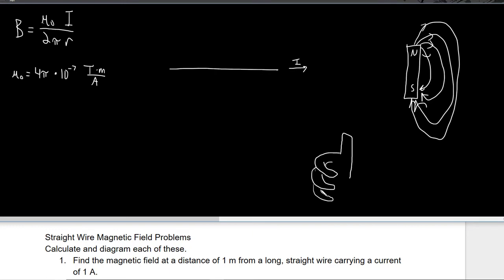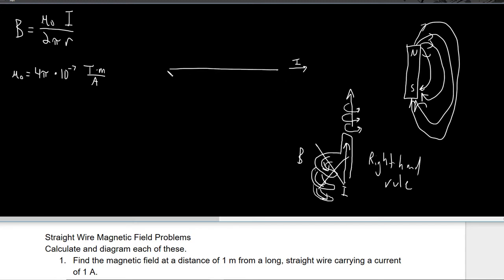If the current's going that direction, the magnetic field is going to follow the direction of my fingers around it. So if I get rid of the hand part, if my current's going that way, the magnetic field is going that way around it.